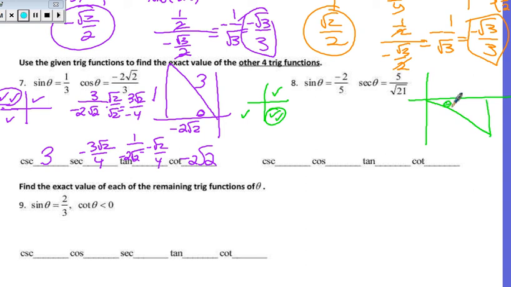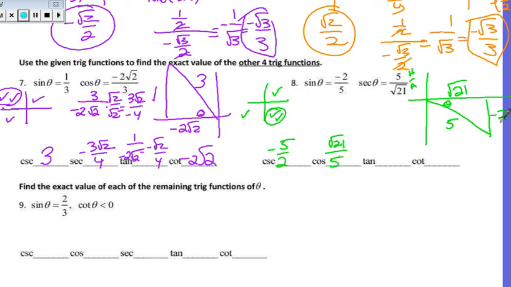So there's theta. Sine is the opposite side over the hypotenuse. Secant is the hypotenuse over the adjacent side, so 21's winding up there. Cosecant would be the reciprocal of this, negative 5 over 2. Cosine would be the reciprocal of the secant, so that'd be 21 over 5.